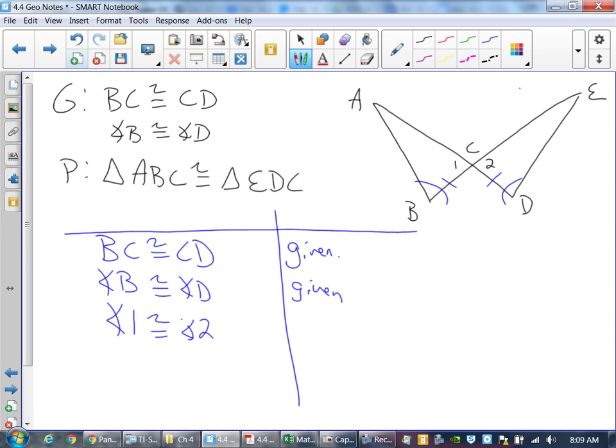What does it say on your sheet? Make sure you have it written down as vertical angles, congruent. Are you done? We have enough information to prove that the triangles are congruent. By what? Angle side angle. Very good.